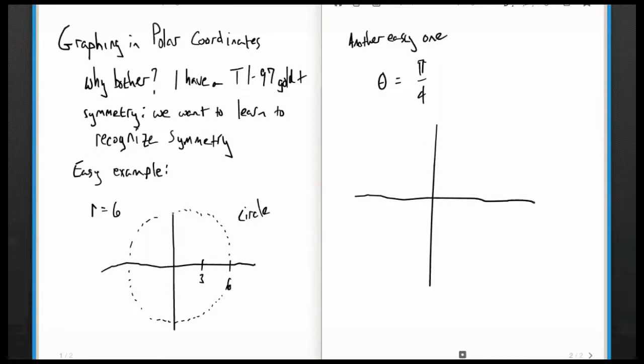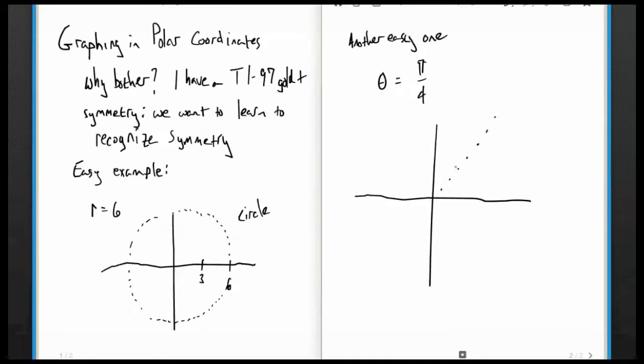These are just drawing guides here. In fact, I should erase those because that's not any coordinate. Theta equals pi over 4. So I just remember pi over 4 is right here. This is pi over 2, pi over 4. So here's a point that fits at pi over 4, and there's a point, there's a point, and so on.